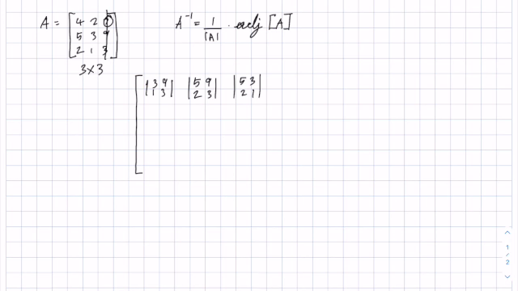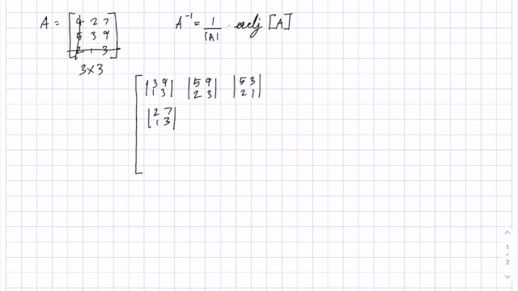I'm going to do a couple more, and then I'm going to skim through this process. So I'm going to do the 5, and then we have the remaining values 2, 7, 1, 3. Determinant of 2, 7, 1, 3. And let's do the 2 over here.